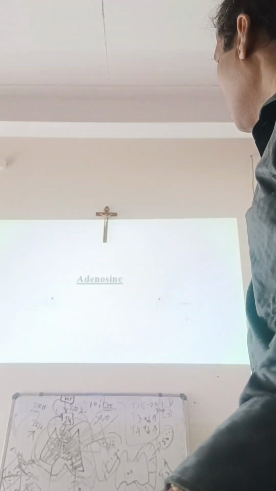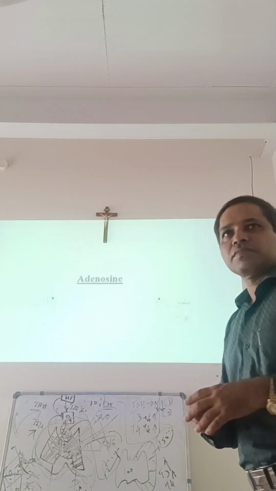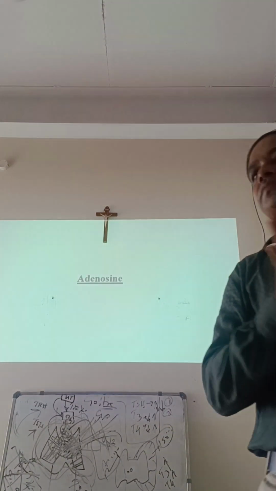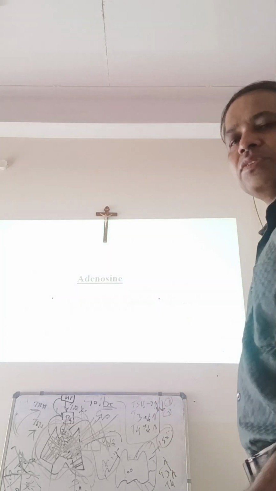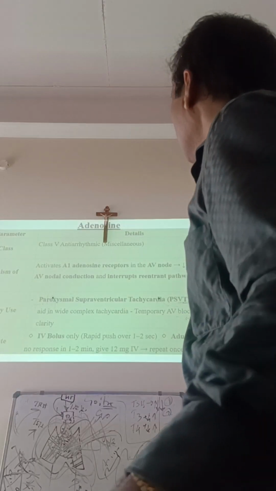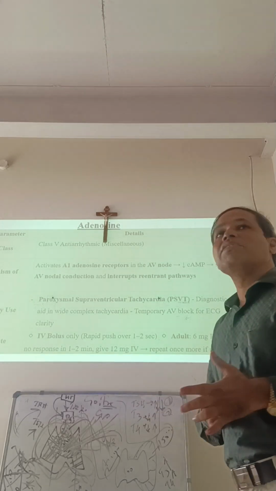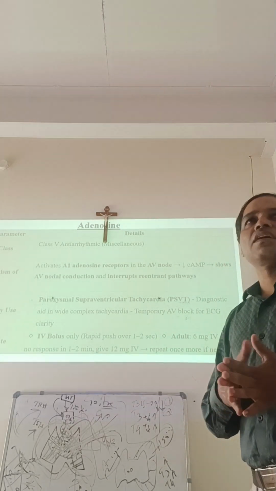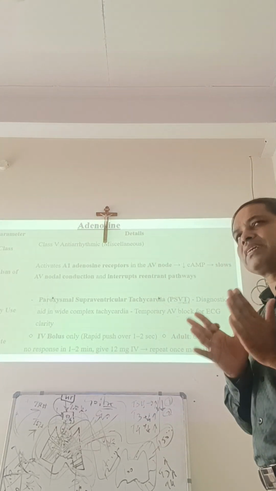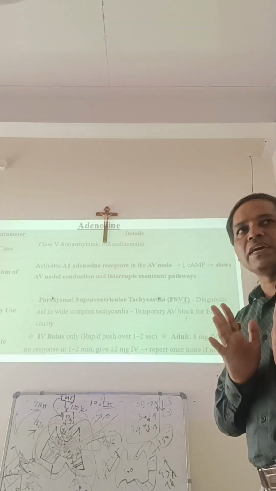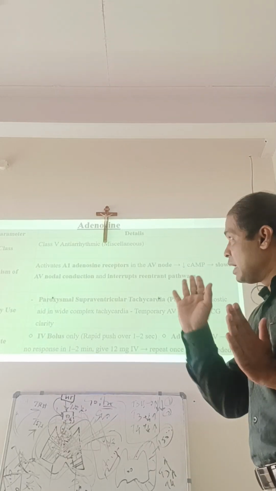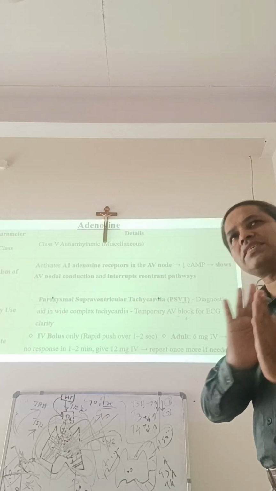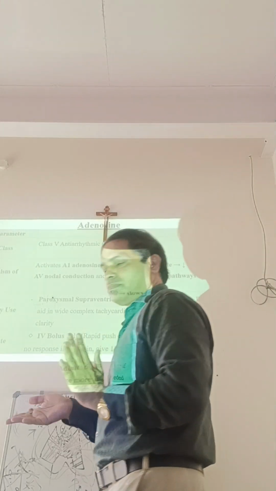Now come to the next drug, adenosine. This comes under class 5 antiarrhythmics, or you can also consider it miscellaneous. As per textbook, we have only 4 classes, class 1, 2, 3, 4. Class 5 is just kept like that, under miscellaneous.